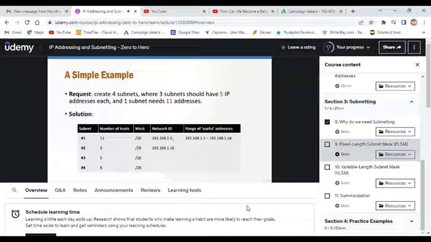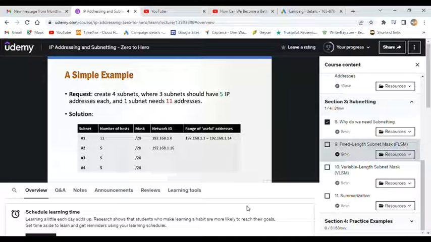So it's the 0th IP address, and then the other 15 are going to be 14 useful IP addresses, and the 15th is going to be broadcast. So the next IP address is 192.168.1.16, and we're going to use that as the network ID for our second subnet.